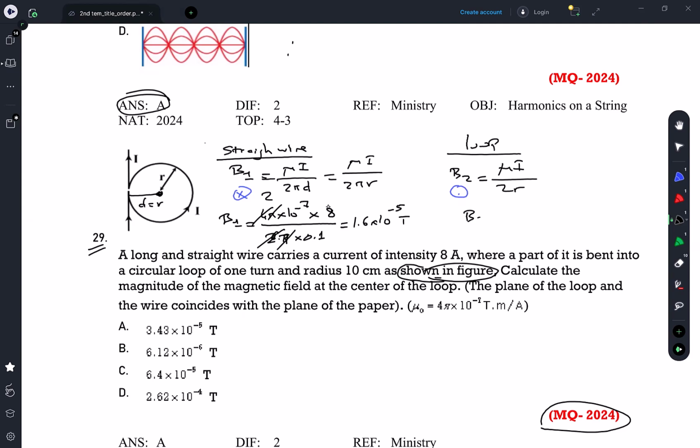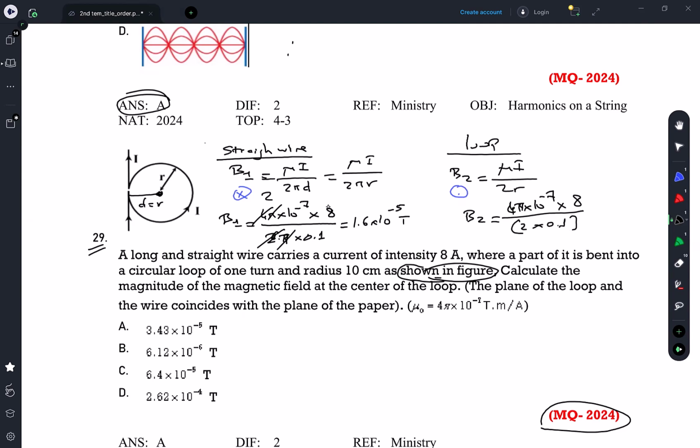Then calculate B2. Again, 4 pi times 10 to the power of negative 7 times I, the same, divided by 2 times r. So it's going to be 4 times 3.14 times 10 to the power of negative 7 times 8 divided by, in brackets, 2 times 0.1.